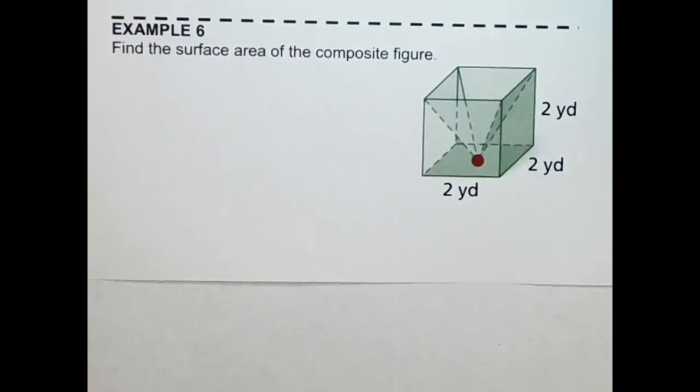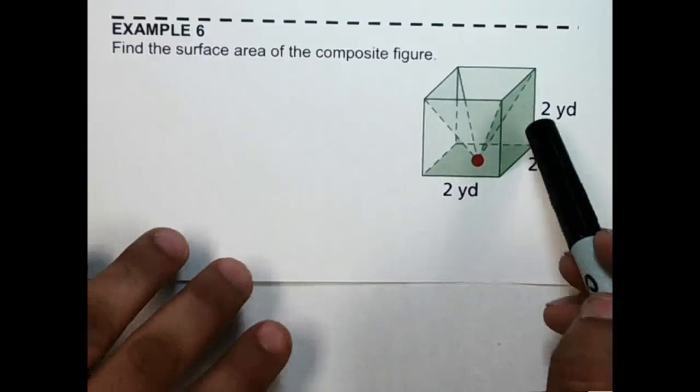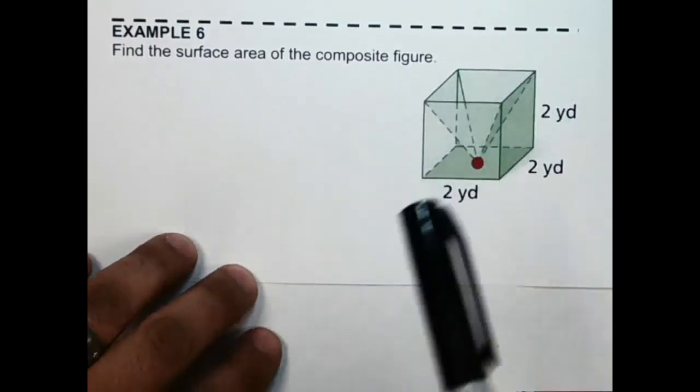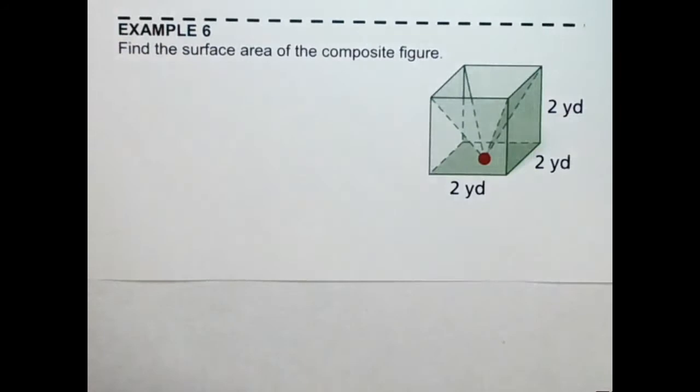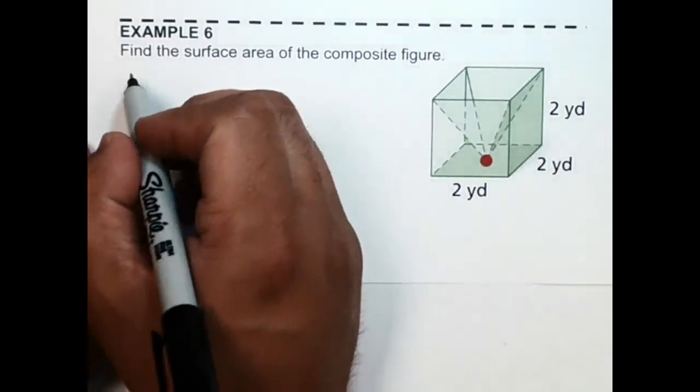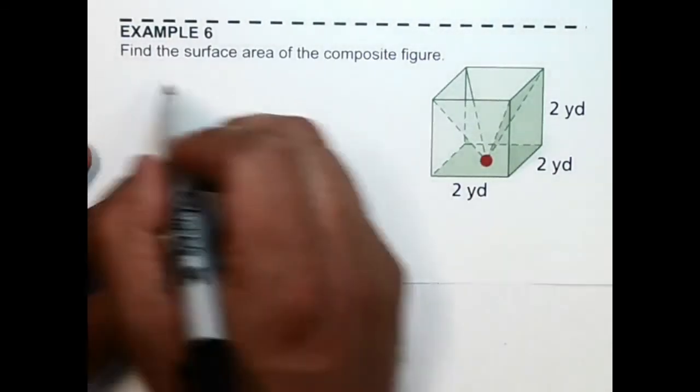Alright then, on this one we want the surface area of the composite figure. Notice that we have a cube, and then we have this pyramid that's kind of inverted, sitting inside the cube. I'm going to start by finding the total surface area of the cube.